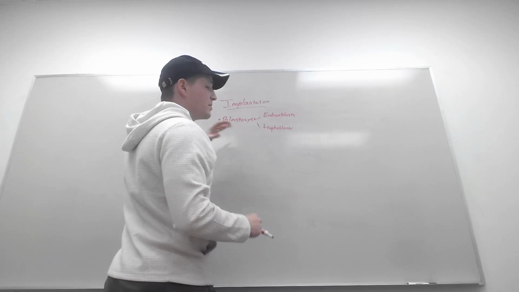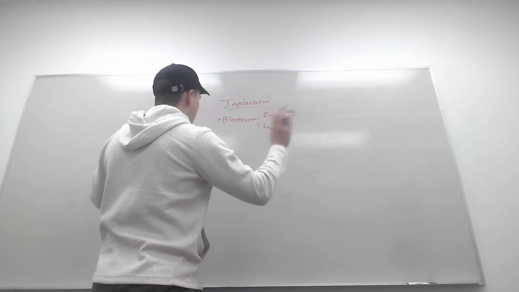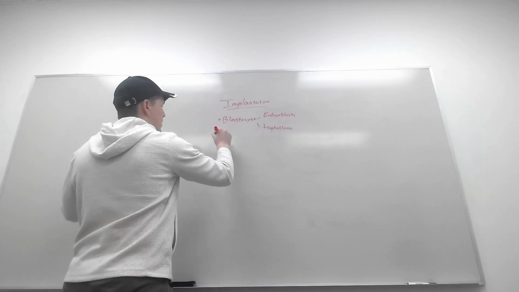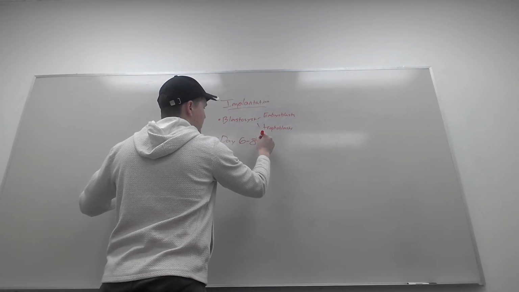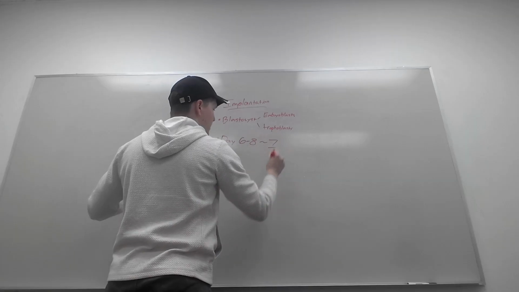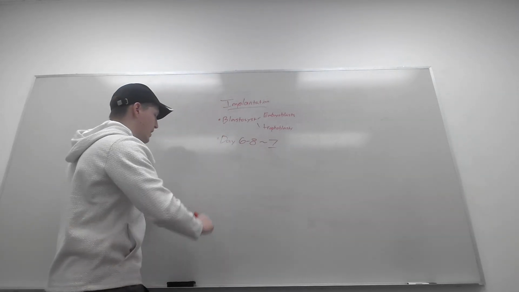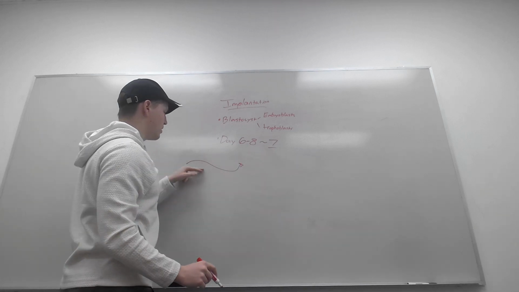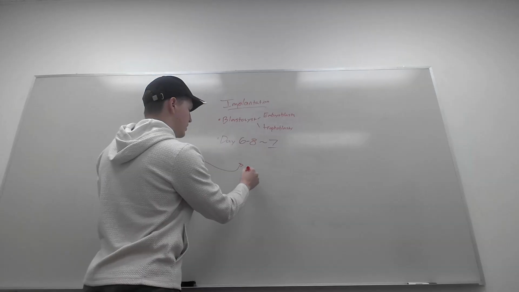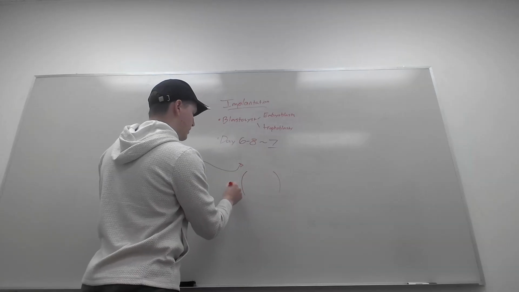We have a blastocyst. It has a blastocele, an open space. This happens around day 6 to 8, mainly around 7. What happens in implantation is the blastocyst travels along the uterine tubes up until the uterus.